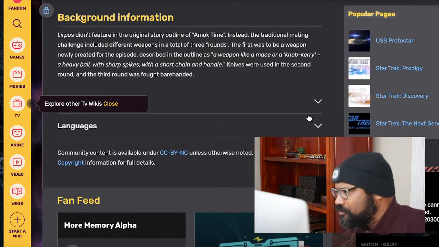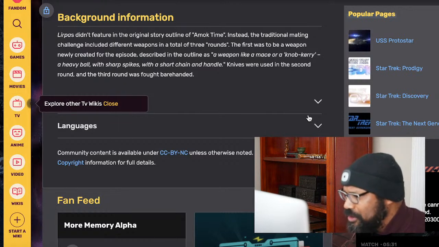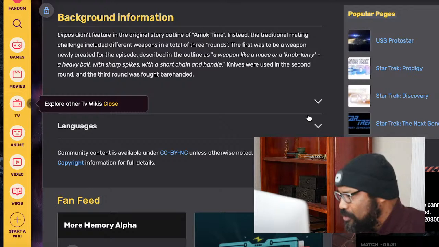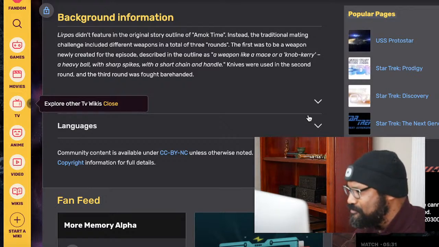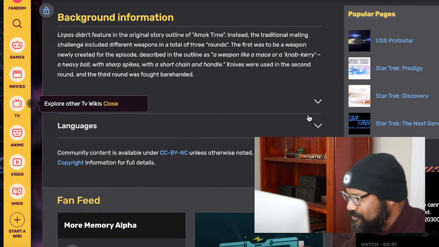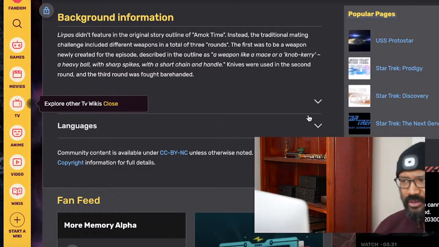It says the first was to be a weapon newly created for the episode, described in the outline as a weapon like a mace or a morning star, a heavy ball with sharp spikes with a short chain. We're going to go further here and keep on talking about these chains, like blockchain.